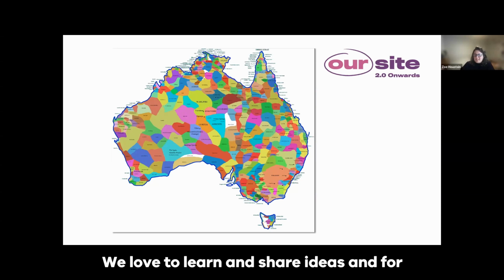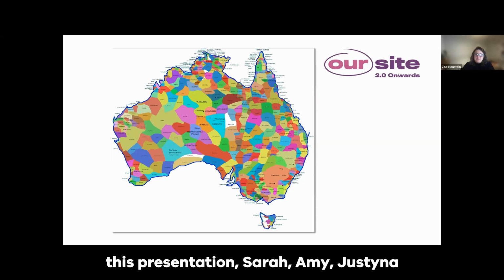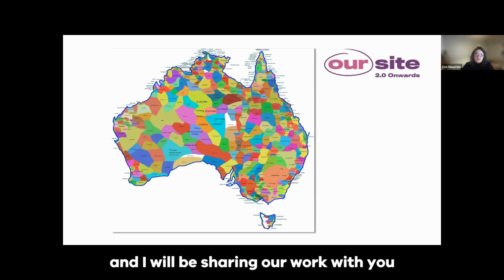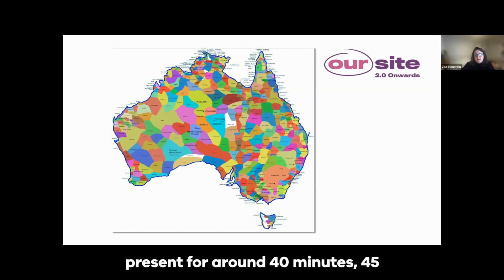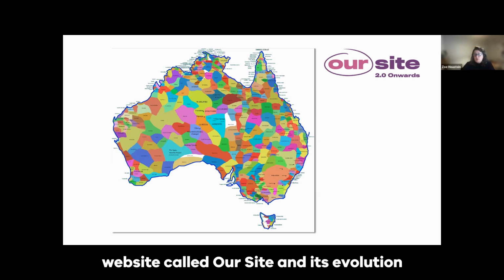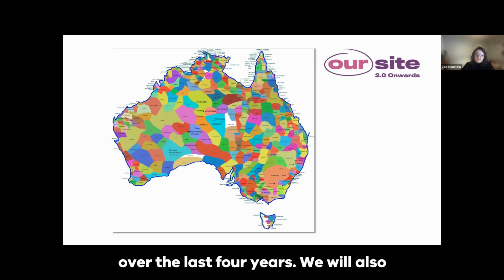We love to learn and share ideas, and for this presentation, Sarah, Amy, Justina, and I will be sharing our work with you through a series of slides that will present for around 40 to 45 minutes. And then, as I said, I hope that we have some time for questions at the end. We'll share a little bit about our website called Our Site and its evolution over the last 4 years.